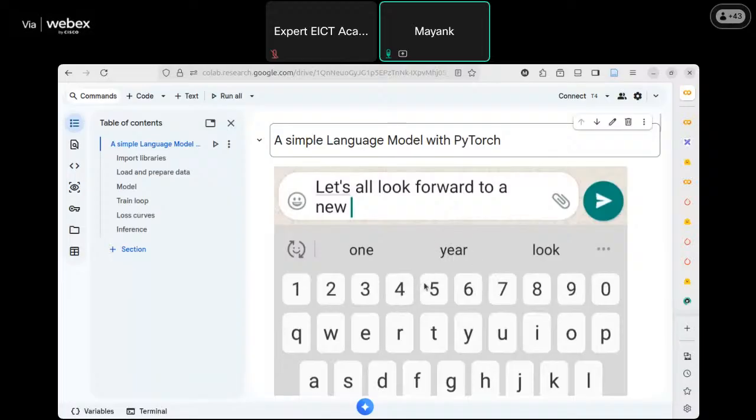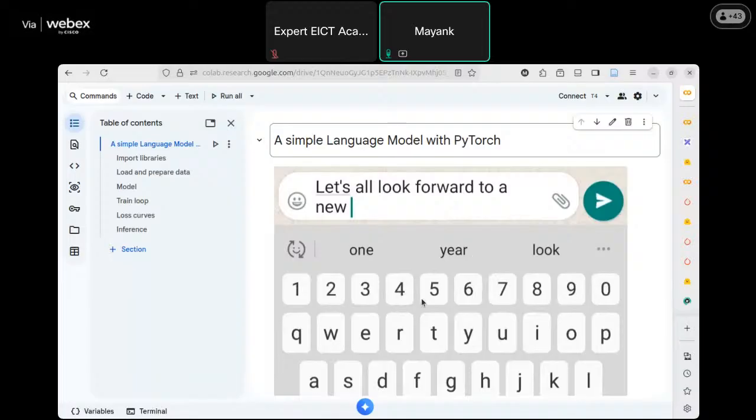So a language model is basically nothing but a model that can give you the probability of the next word, right? Next word prediction. That is one of the ways to make a language model. A language model is nothing but a model that understands language. Now, understanding can mean many things, a way language can be modeled can happen in various ways. One of them is next word prediction.